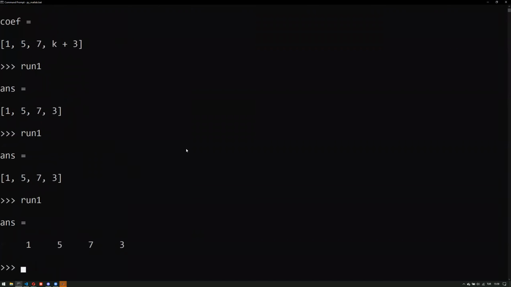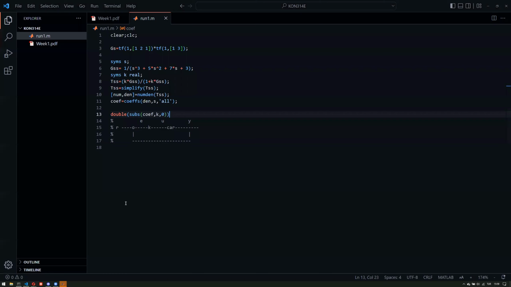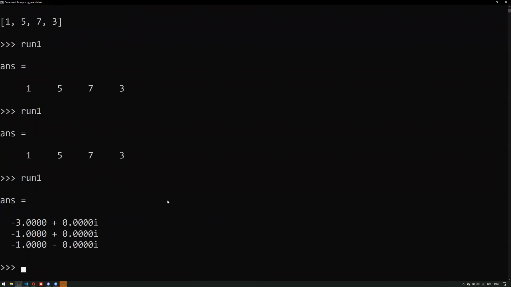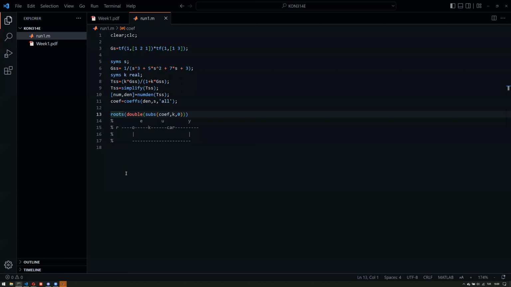You will see the difference here. You see that the output of the symbolic toolbox and the actual MATLAB array output are not really the same. Now I can use the roots command in order to get the roots. There we go: -1, -1, -3, which are the open loop poles, of course.